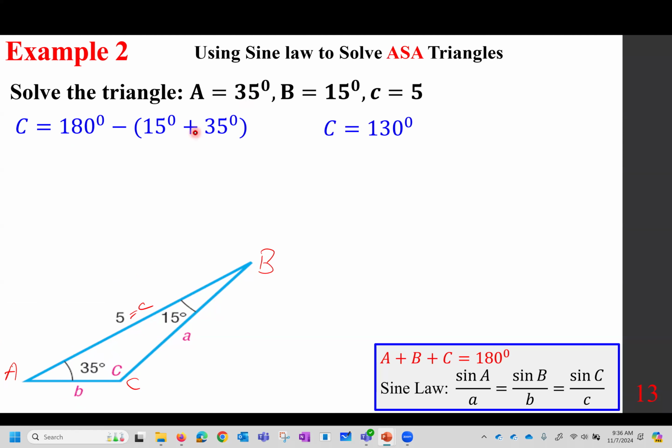Again, let's do either this one with this one or this one with this one. And since lowercase c is known, we are going to do this too. So this is 130 degrees.